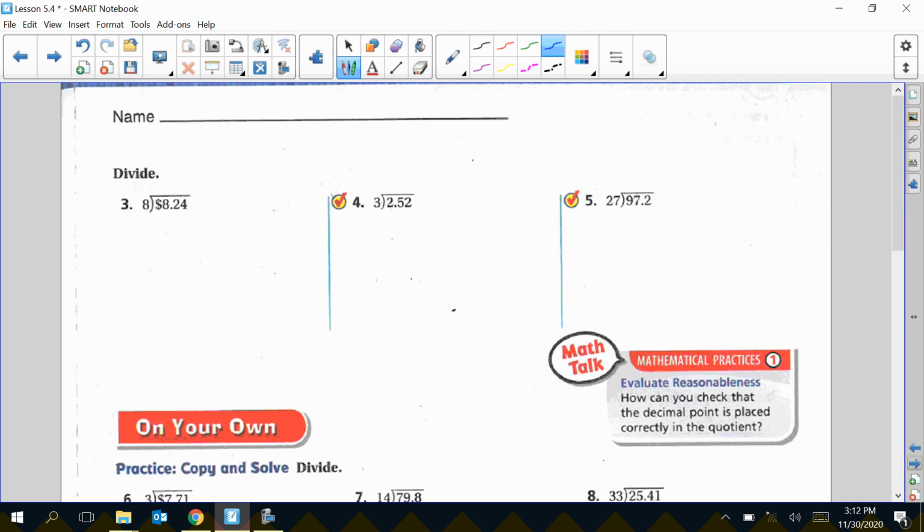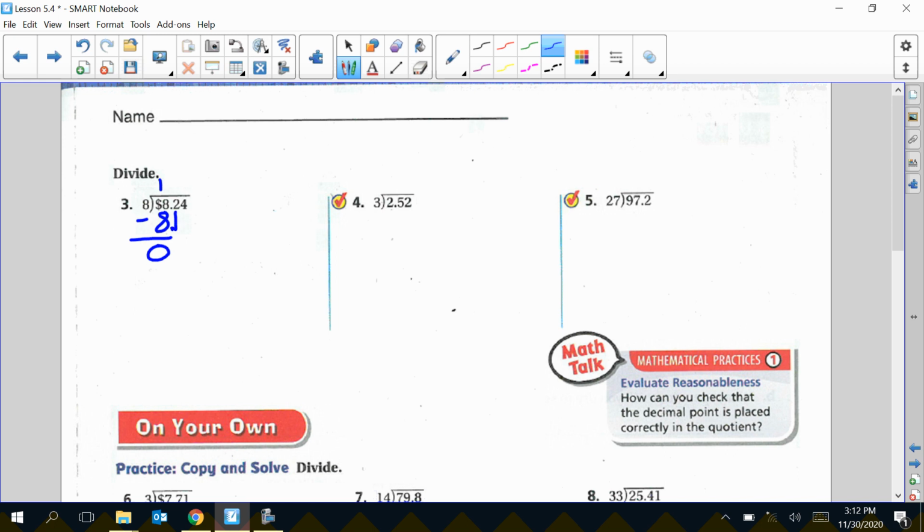We're going to go ahead and turn to the next page. And we have $8.24 divided by 8. 8 goes into 8 one time. We then subtract, and we get 0.